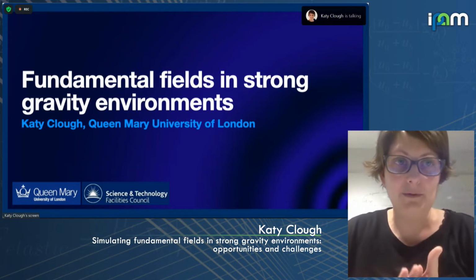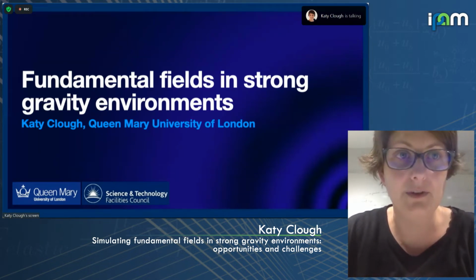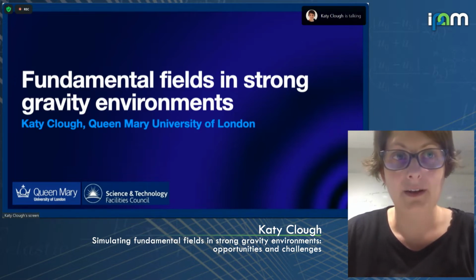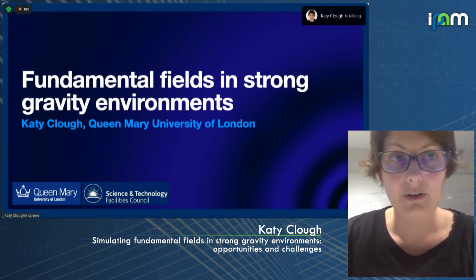So my talk kind of fits into one of the broader themes of the workshop that's been explored in some of the earlier talks by Pau Figueras and by Franz Pretorius. So it's really this idea of, if we had some new physics, what could that new physics look like?